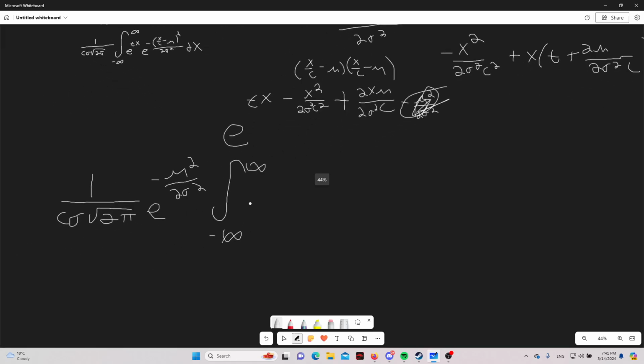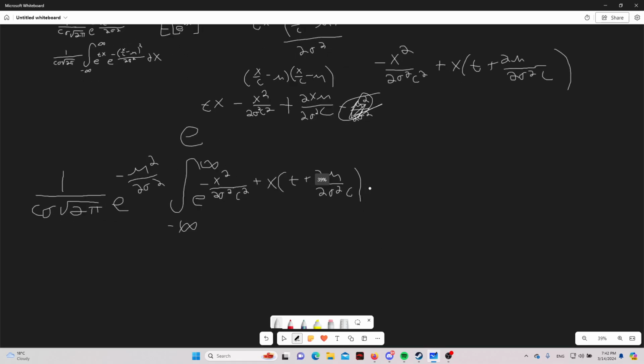So now let's bring that down here. So we have e to the negative x squared over 2 sigma squared c squared plus x times t plus 2 mu over 2 sigma squared c, dx.